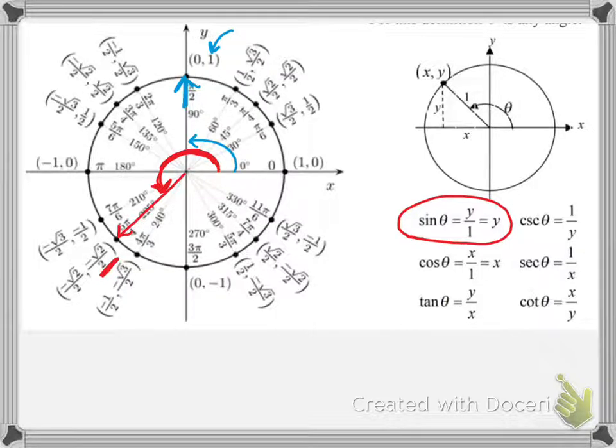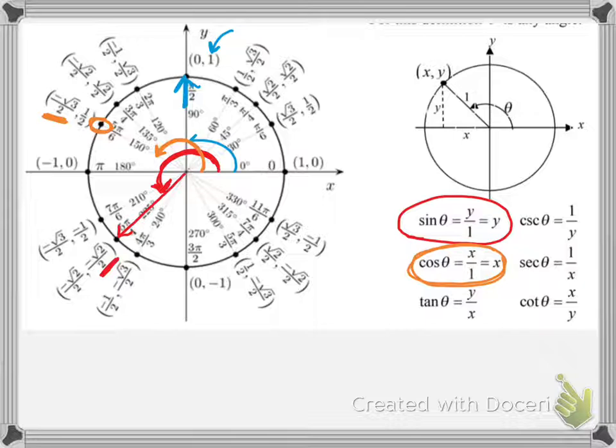Cosine formula, orange I'm going to use, is our x-coordinate, okay? And we're asking to find the cosine of 150 degrees. So that means I start right here and I open up until I get to 150. That's my angle for 150.